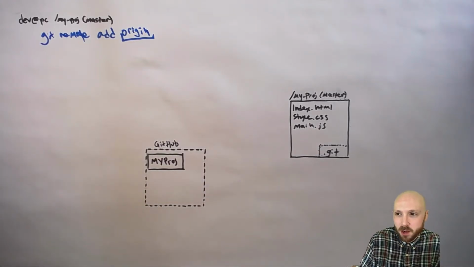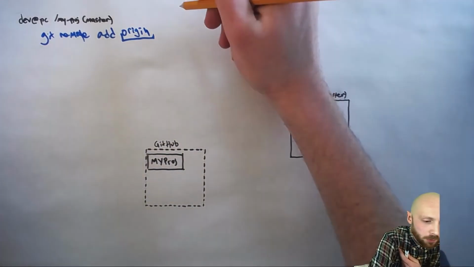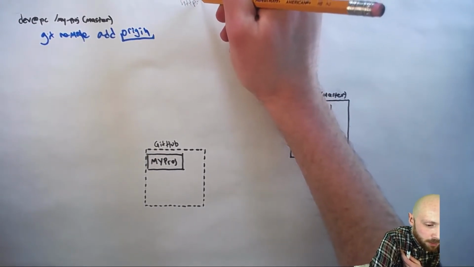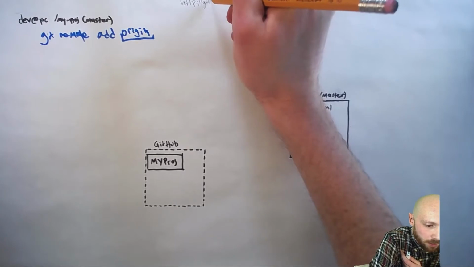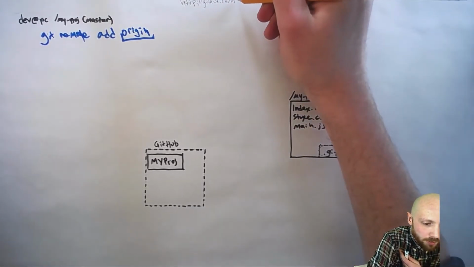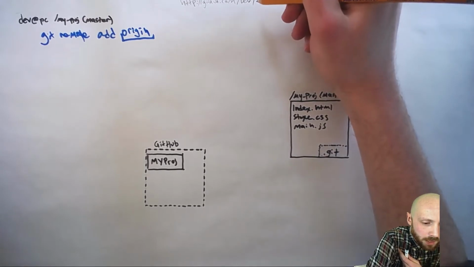Now this is going to be a long string. Here I'll just, in pencil, note what it would look like. You would see HTTP github.com. So it's hosted on a GitHub server. Then you'll see your GitHub username and GitHub repository name, so my proj.